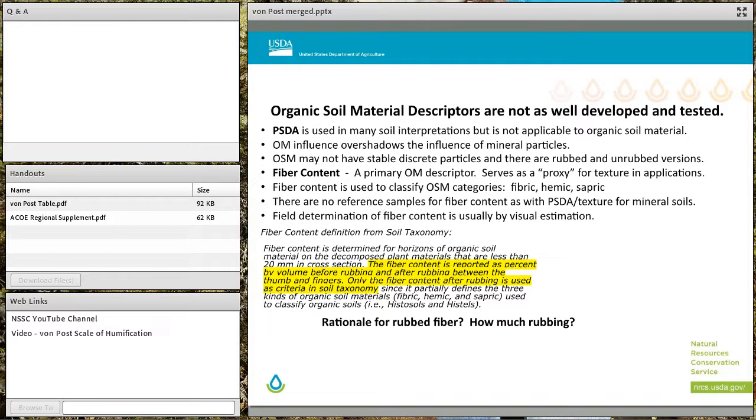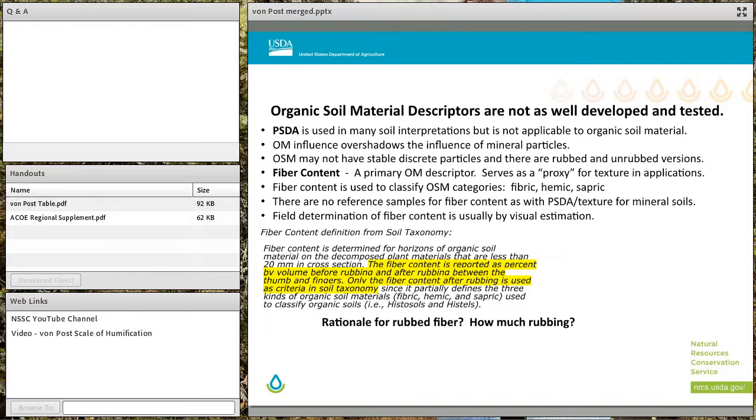But for the visual estimation, there aren't known samples, so it's a more subjective procedure. The definition for fiber content from taxonomy is the percent volume after rubbing, and it's used as a criterion for soil taxonomy.